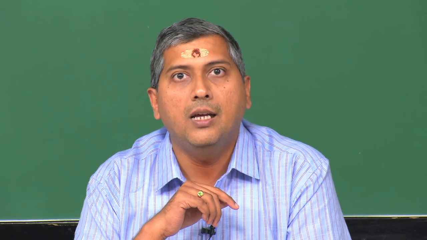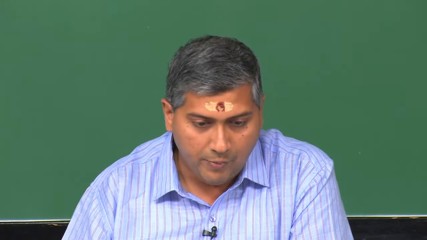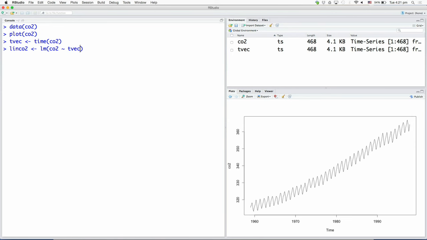On the other hand, if for some reason I believe there is no intercept term, then I could use this syntax. But at the moment we do not know if there is an intercept or not. Of course, we can look at things visually, but let us rely on the algorithm first to tell us if there is an intercept. So, this is the model we now have.